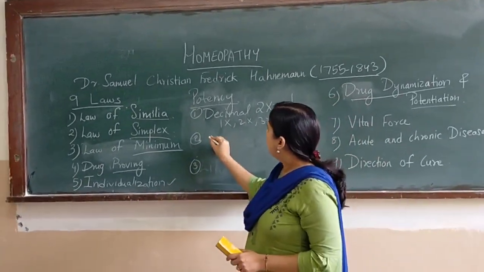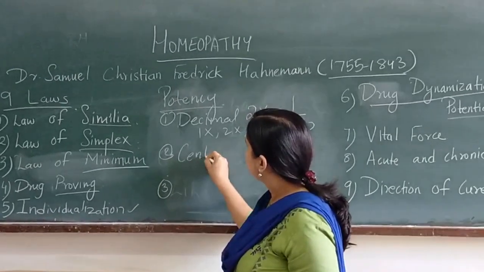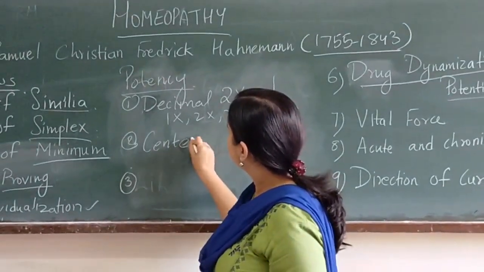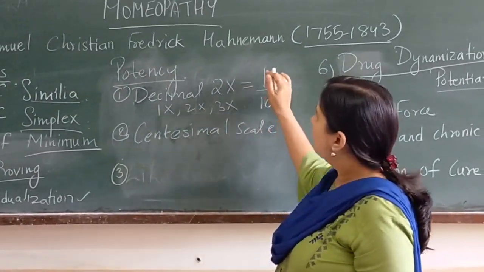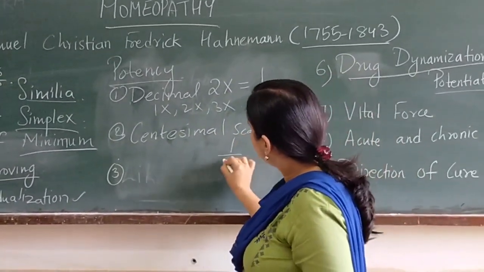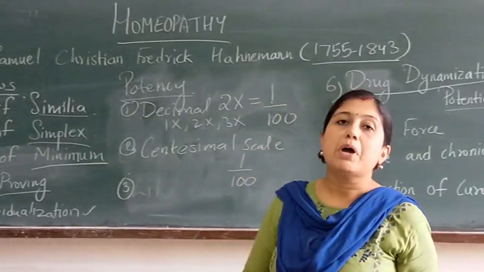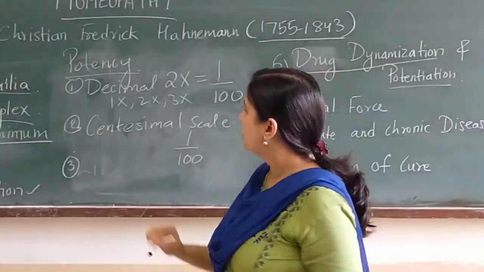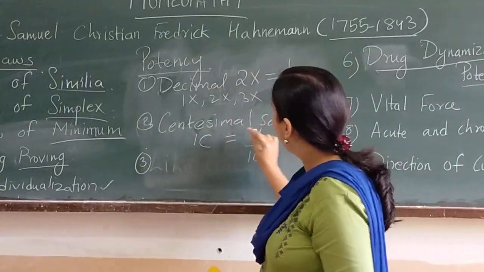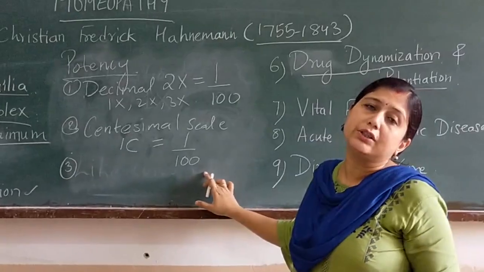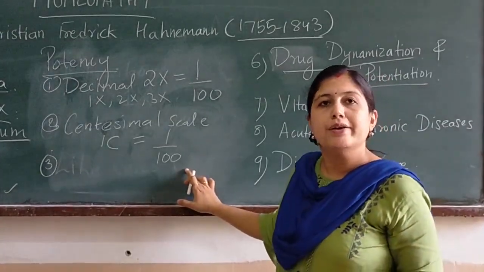The second scale is known as the centesimal scale, and here the dilution is 1/100. It is denoted by C, and 1C is equal to 1/100 concentration of the original drug.